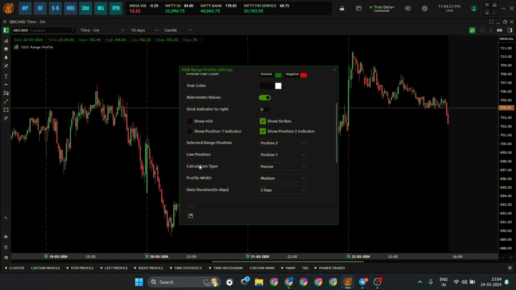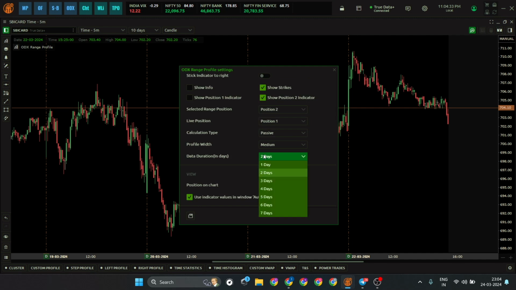Now coming to calculation type, you just leave it as the default, passive. Coming to profile width, you can go with minimum, medium or maximum. I personally use medium. Coming to duration, according to your requirement you can change it up to 7 days, but I personally give importance to the current data, and that's the reason I don't go more than 4 to 5 days.